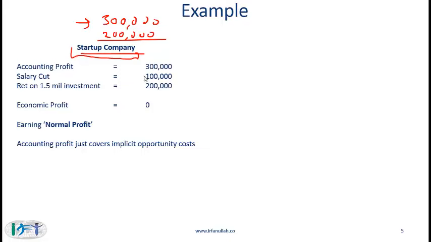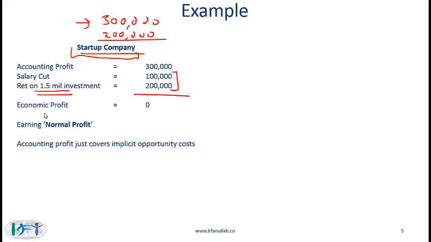So we take the 100,000 into account. You also invested 1.5 million of your own, and you could have invested this money elsewhere and received a return of 200,000. So this 200,000 is not an explicit cost, but it is an opportunity cost. You have foregone the opportunity to earn 200,000. Our opportunity cost, or the implicit cost, is 300,000.